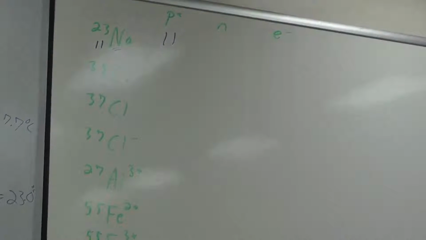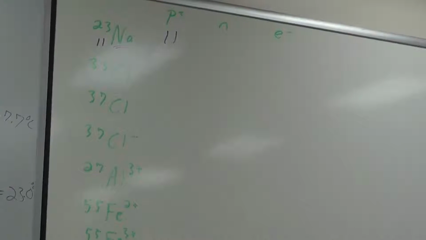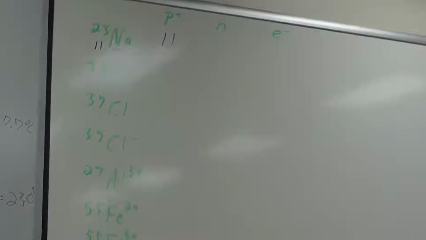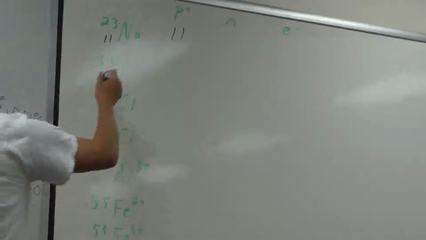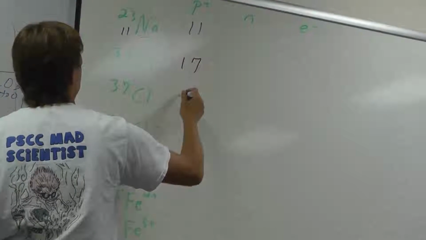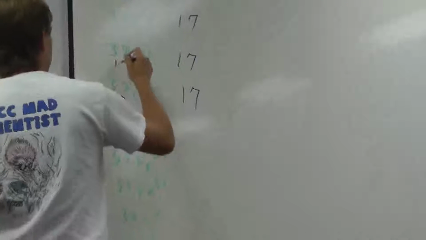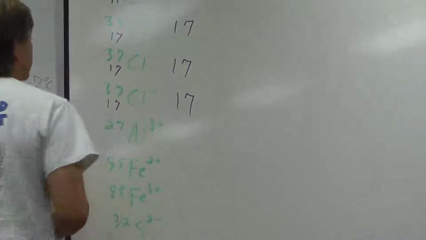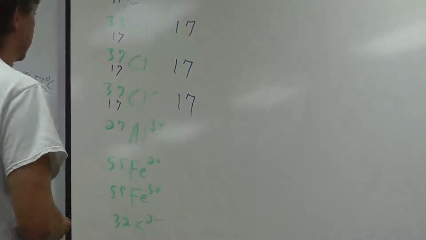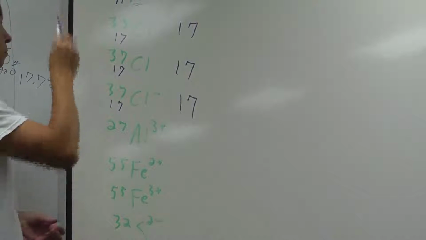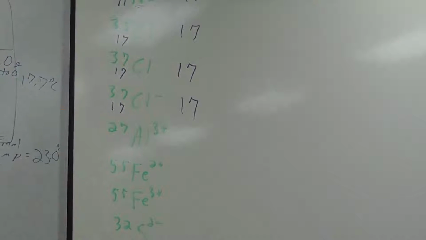The next three are all chlorine. What's the atomic number for them? 17. Go ahead and finish off protons for all of these.